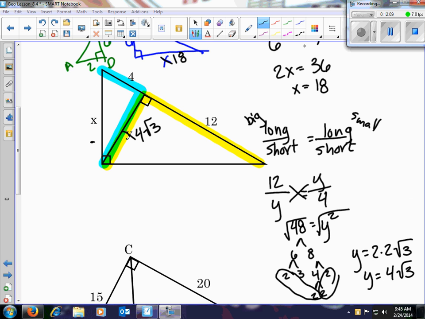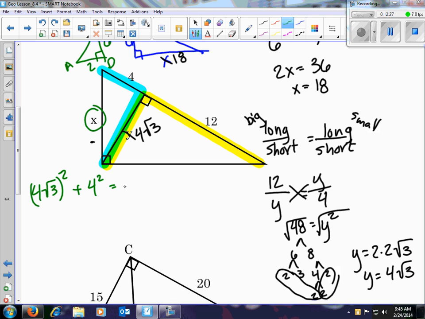Now, in order to solve for x, I can use the Pythagorean theorem. I'm going to say my hypotenuse is my c squared, so this is my c squared. So I have 4 radical 3 squared plus 4 squared, which is equal to x squared.